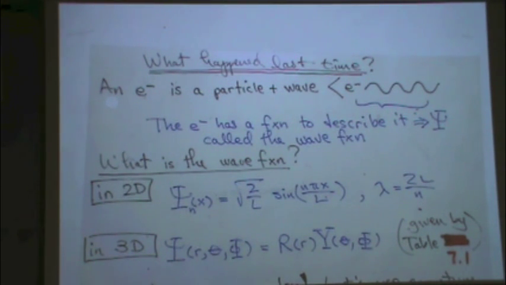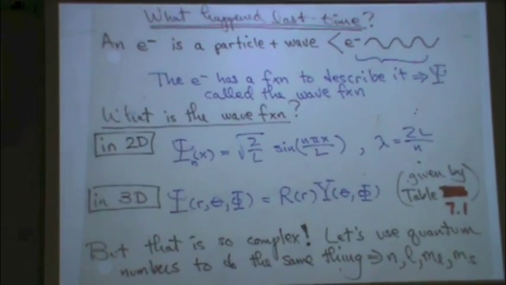So we have these functions because we're modeling an electron. These are orbitals. But then you say this is so complex, let's use quantum numbers right now to do, at least for our class, something similar.